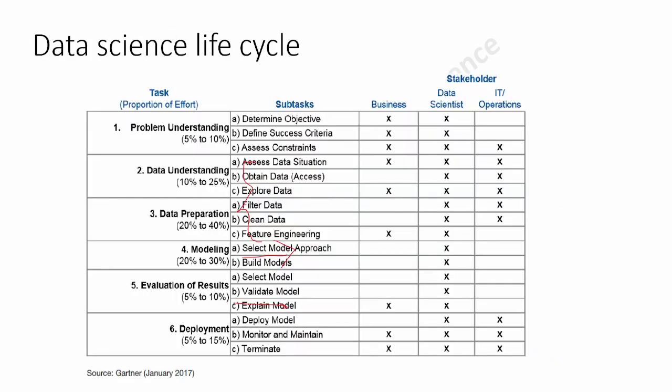In a typical data science project, the phase of data exploration, data understanding, data formatting, or data massaging, whatever we call it, takes up quite a bit of time. Almost 50 to 60% of time goes into data management.